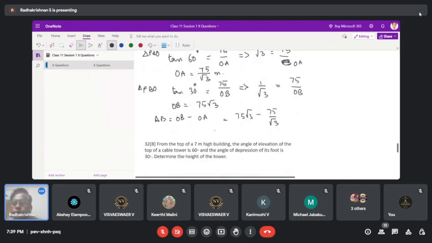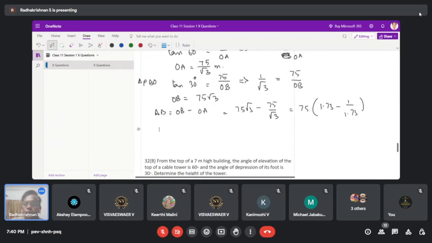We can take 75 out. 1.73 minus 0.73, so we have to divide it.